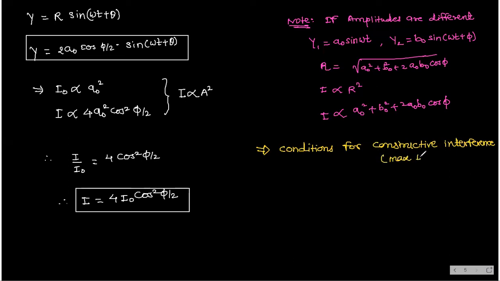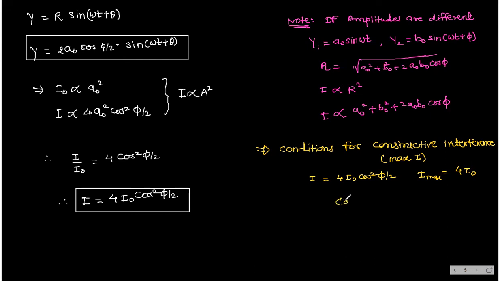So what is our formula? I is equal to 4 I naught cos square phi by 2. So maximum intensity is what? I maximum is equal to 4 I naught. Clear?